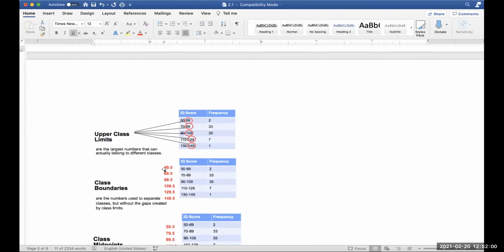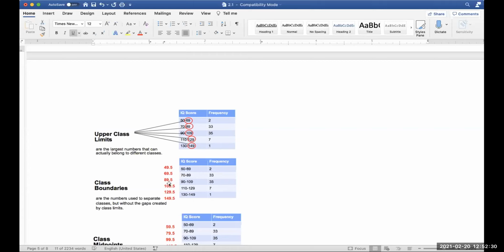The lower class boundary for this first class is 49.5. The upper class boundary, 69.5. For the second class, the lower class boundary is 69.5, and the upper class boundary, 89.5.